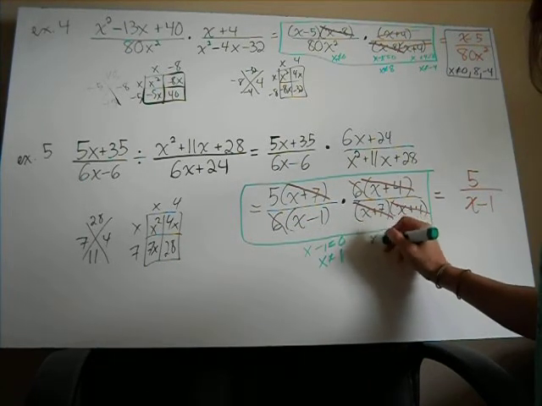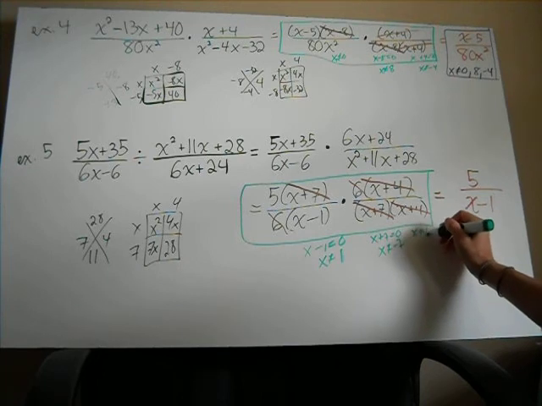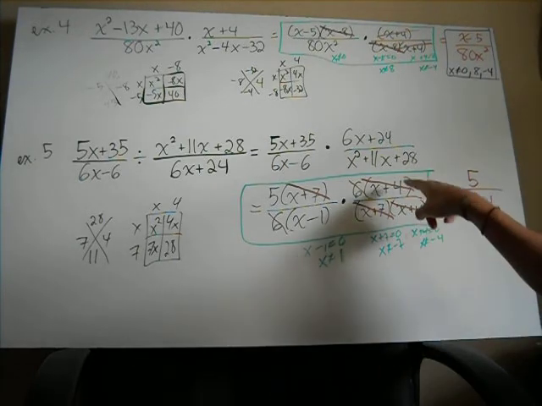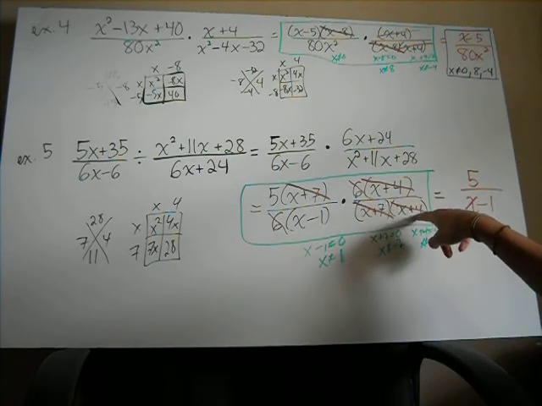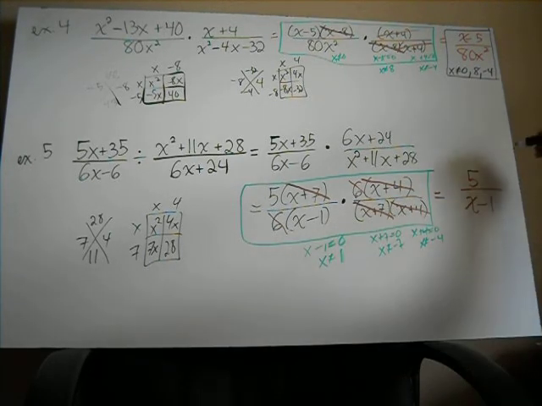So looking here, if you have x plus 7, that can't equal 0, so x could not have equaled negative 7. It also could not have equaled negative 4. So let's get those set up. And from this one too, now that I already took care of it, but had this been a different number, I'd have one more to add on.